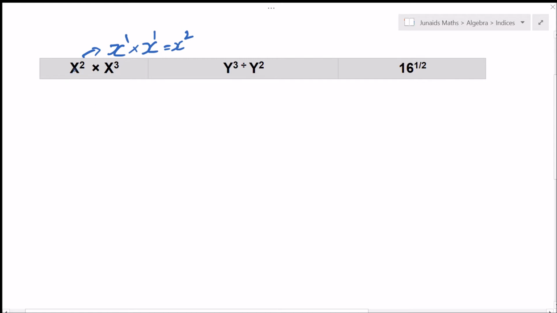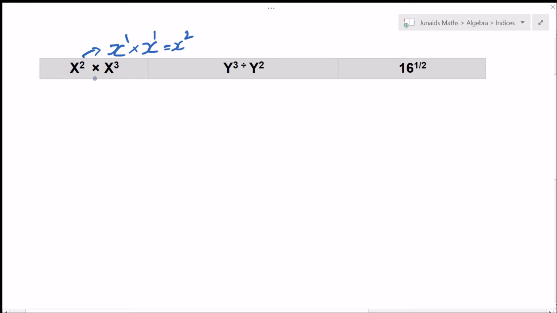That's why we have got x squared here. In other words, this x squared is a simplified form of 2 x's being multiplied. Yes, so this is our first index law.